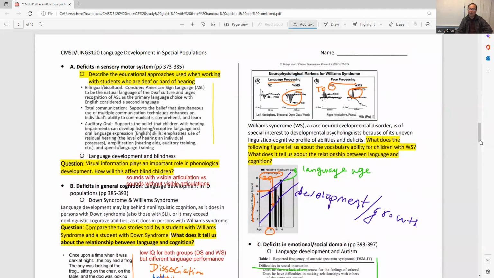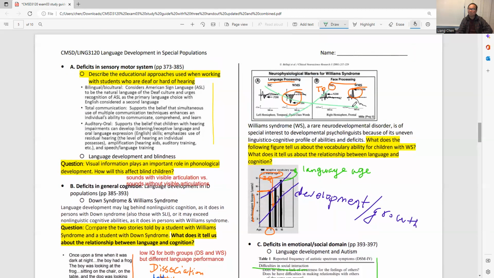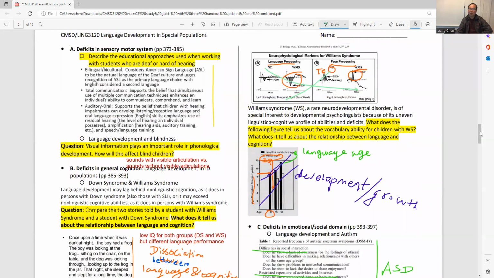This one will not be in the exam, but you should know about this. So basically, for both language processing and face processing, children with Williams syndrome show some unusual activity in comparison to typically developing children.